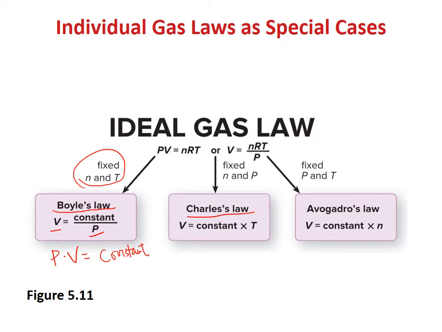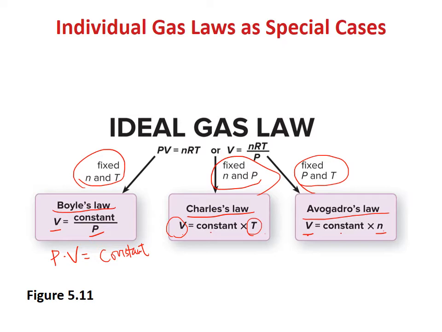In Charles's law, number of moles and pressure are fixed. Volume is proportional to temperature, so volume is a constant times temperature. In Avogadro's law, pressure and temperature are kept constant, and the volume is proportional to the number of moles, so volume is a constant times the number of moles.